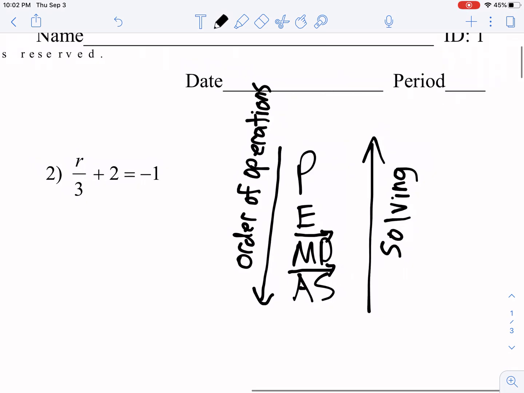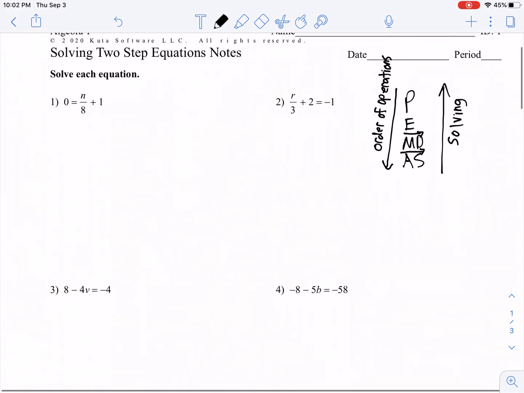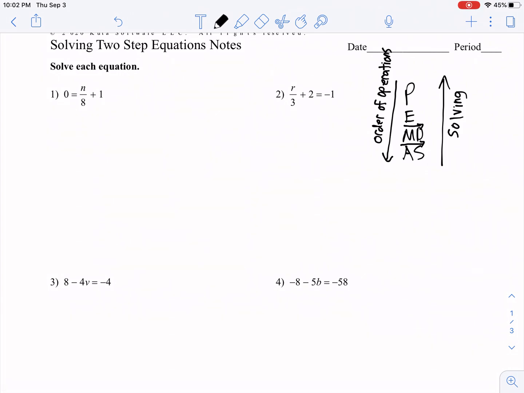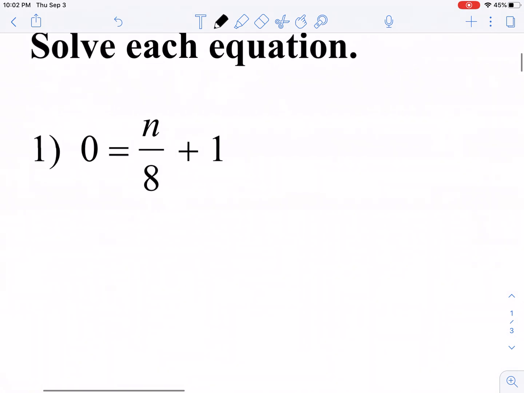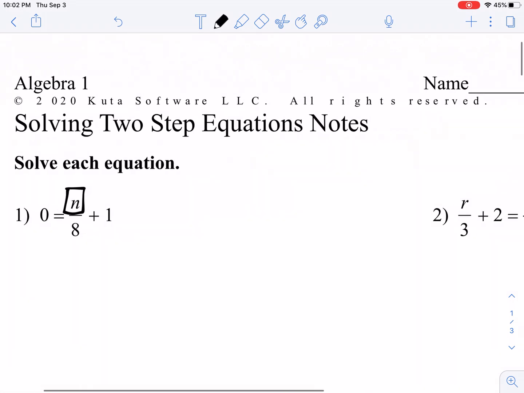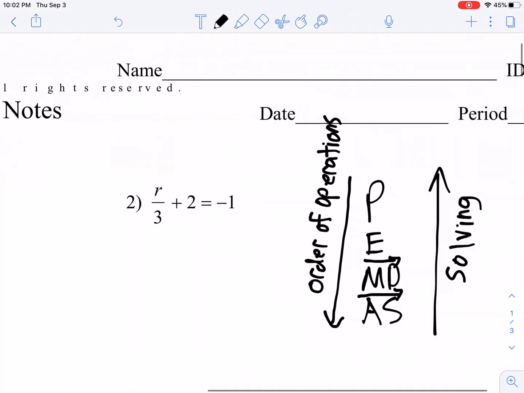Okay, so let's look at some of the most common examples. Examples like 1, 2, 3, and 4, those are the most common types of solving two-step equations that we'll come across. Okay, so let's look at number 1. On number 1, I want to get n by itself. Well, again, we're going to do the opposite of what we would normally do, and instead of dealing with parentheses, exponents, multiplication, and division first, we're going to deal with any addition and subtraction part first.